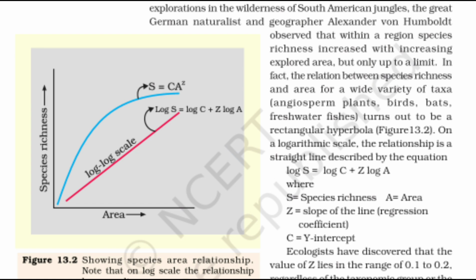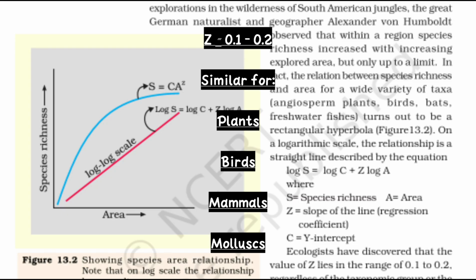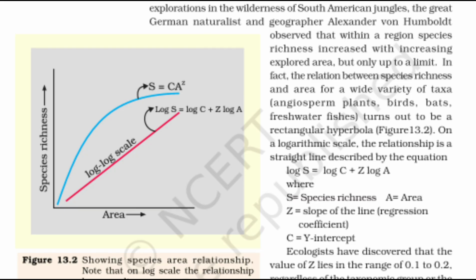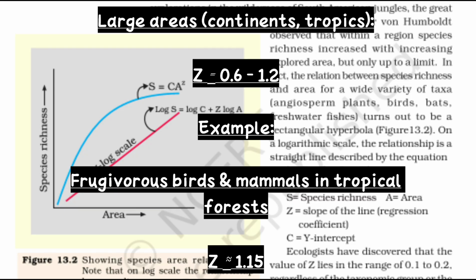For small areas it is 0.1 to 0.2, and similar for plants, birds, mammals and mollusks. Whereas in large areas, such as continents or the tropics, the value of Z is 0.6 to 1.2, and for mammals in tropical forests and frugivorous birds, Z is approximately 1.15.